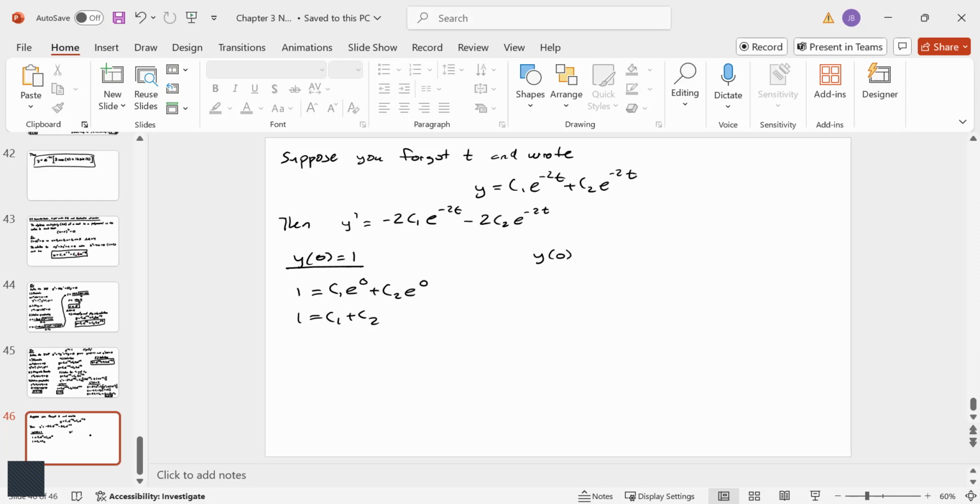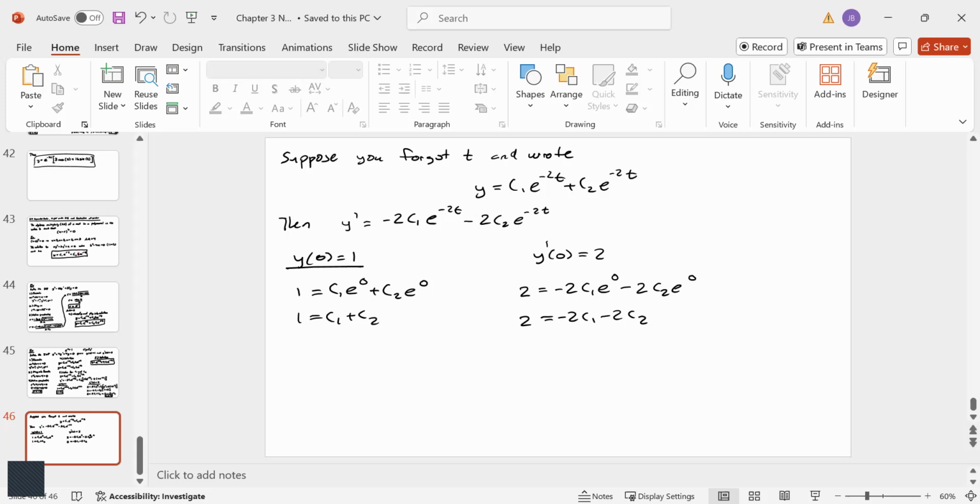And then y prime of 0 equals 2. So then we would get 2 is equal to negative 2C1 e to the 0 plus, nope, it's a minus, 2C2 e to the 0. And so we get 2 equals negative 2C1 minus 2C2.